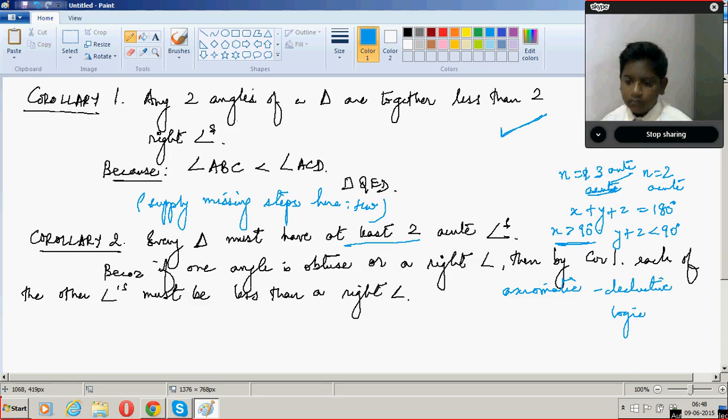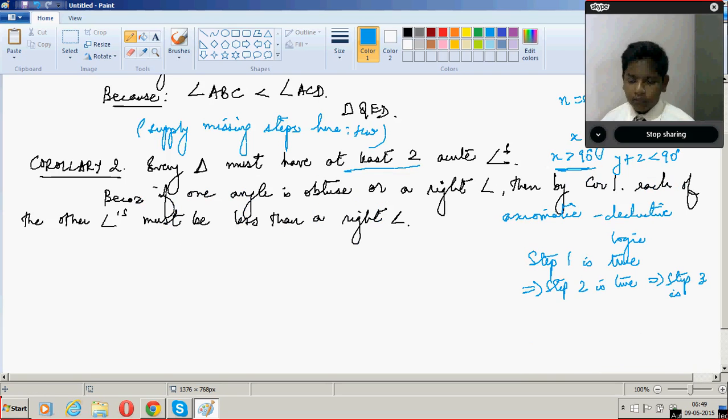If you recall, I always emphasize that we start from basic axioms, definitions, and deduce. Meaning because step 1 is true, implies step 2 is true, which will imply step 3 is true. This is the meaning of deductive. Follow? Okay.